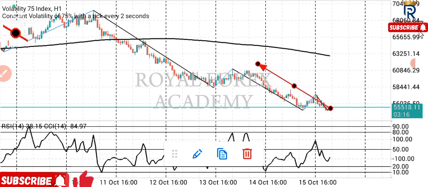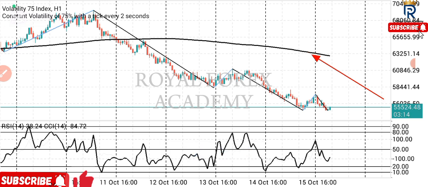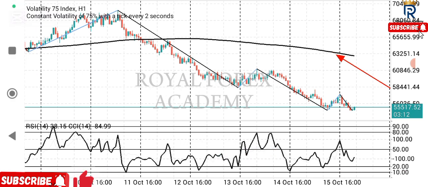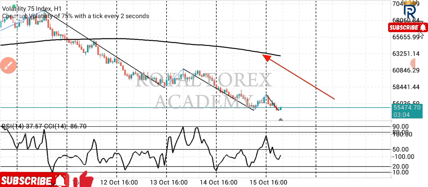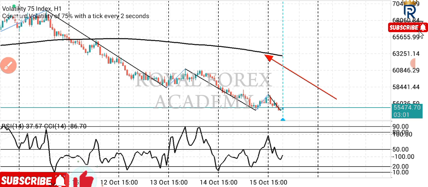So having said and established that, we have our indicator window, which is right here, and we just have our RSI period 14, and then our commodity channel index, and the period is 14 as well.